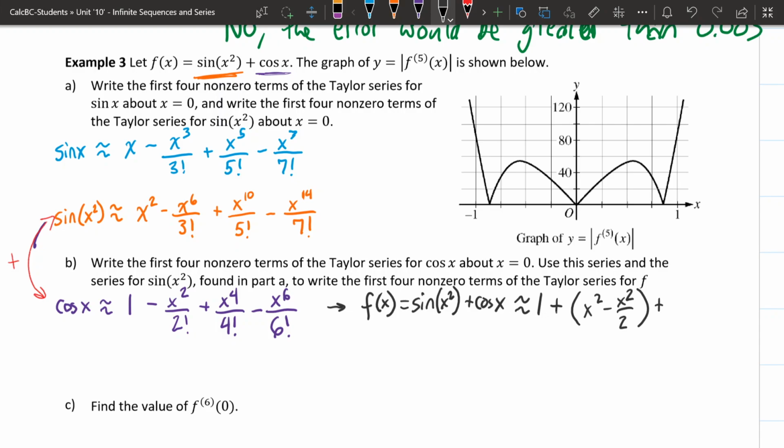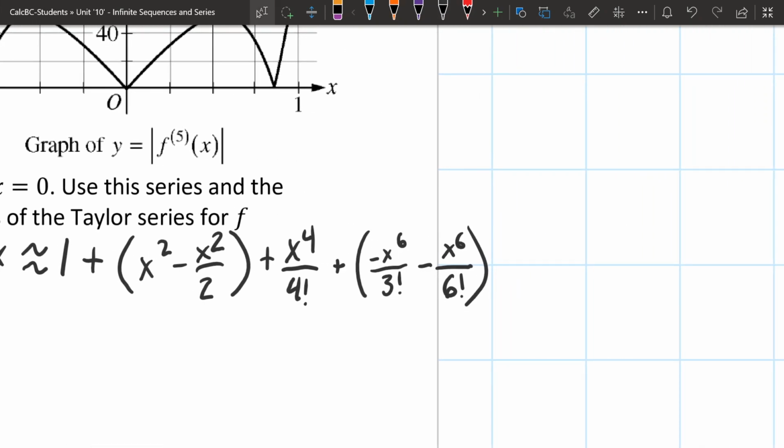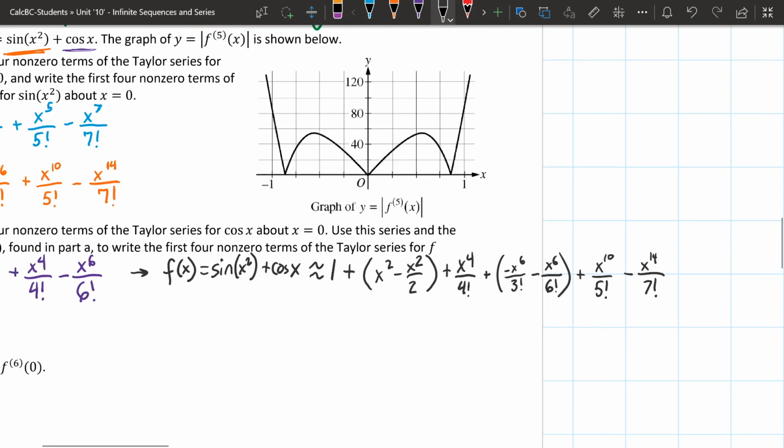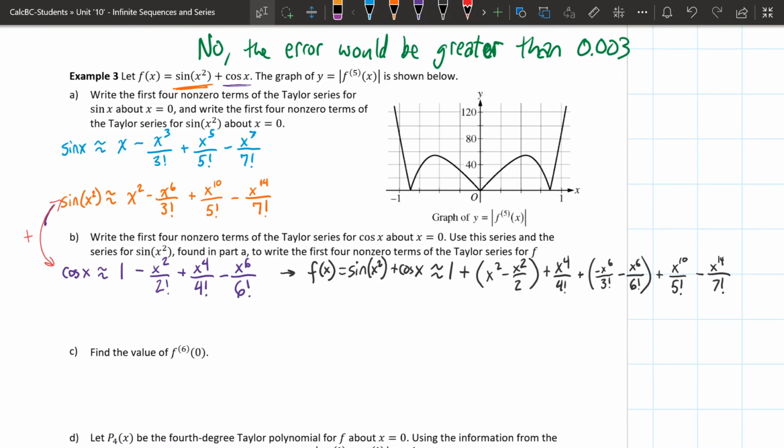And then we've got an x to the 4th term. We've got 2 x to the 6th terms, so I'm going to group those together, simplify that in the next step. 1 x to the 10th. And we've got that negative x to the 14th over 7 factorial from our sine of x squared function. Okay, so that is our approximation.